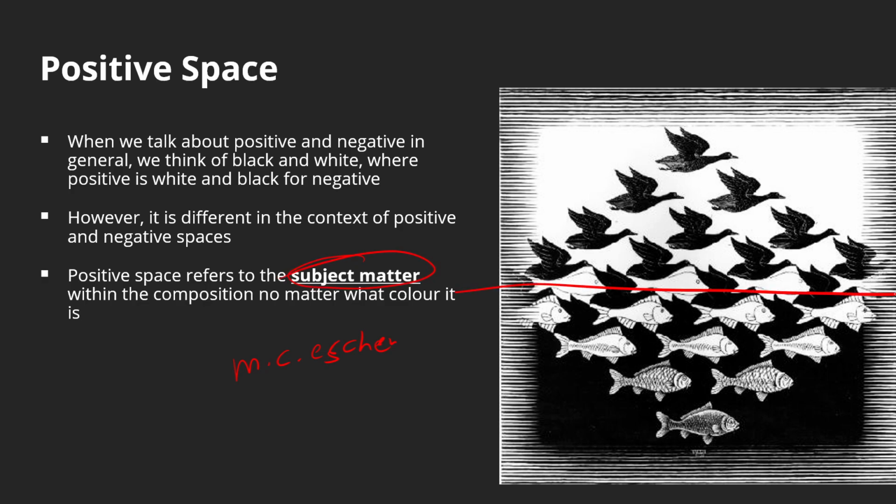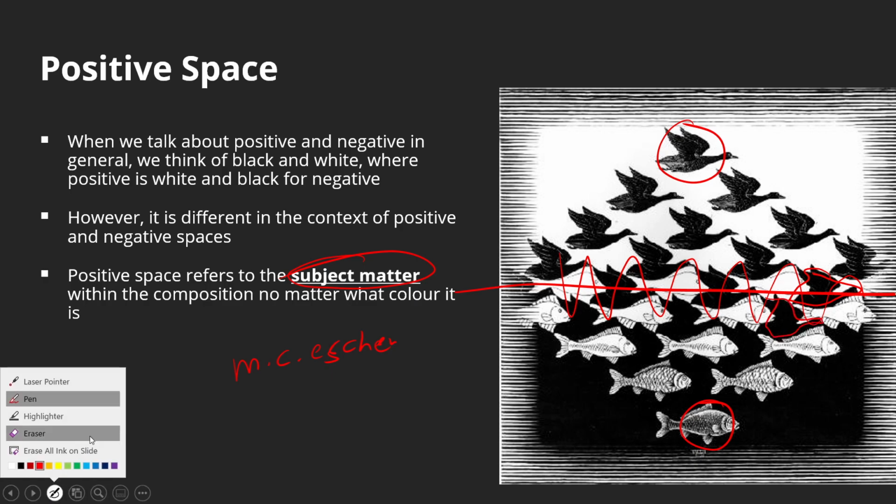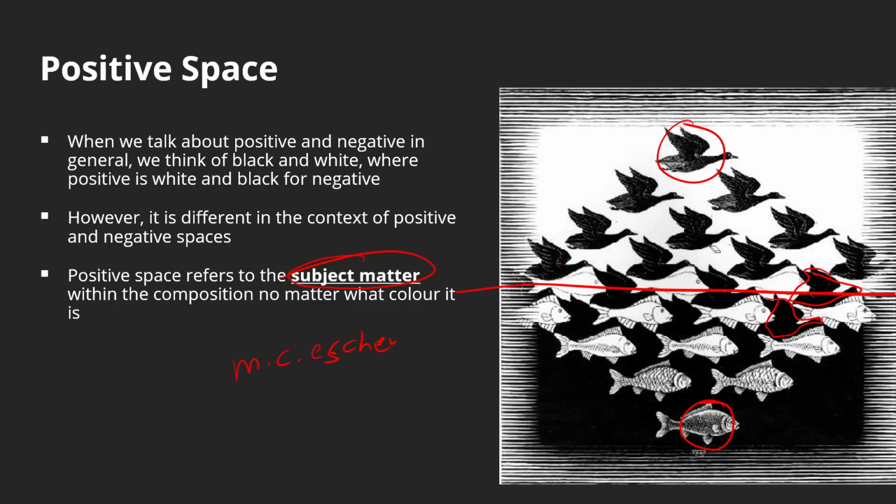Like when you look down here, the subject matter is the fish. When you look up here, the subject matter is the duck. But you see here in the ambiguous space, you notice how the duck is positive space and also negative space. Right? You see that, right?